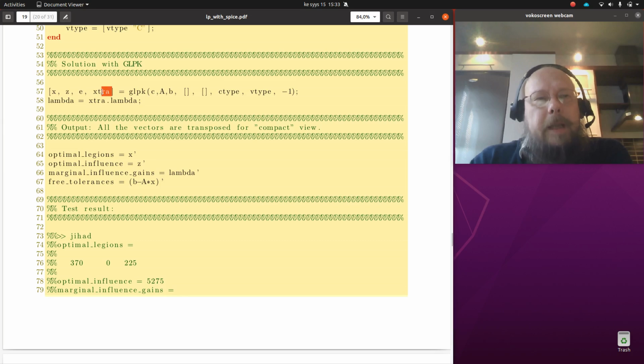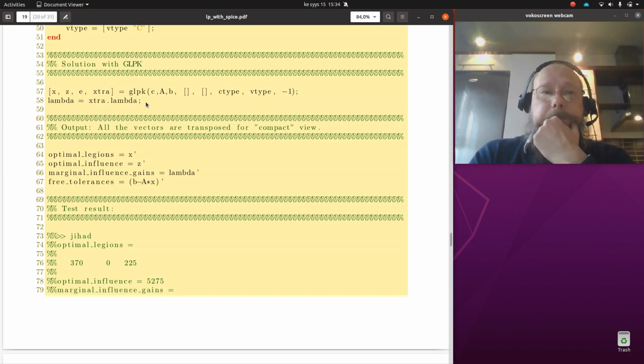And now this extra, that's the key thing here. GLPK in this fourth output argument, which we call here extra with teenage spelling, will contain a lot of additional information. In particular, it will contain the shadow prices.